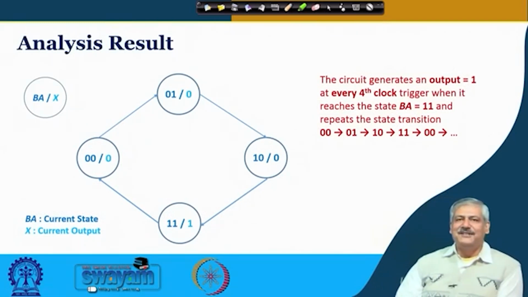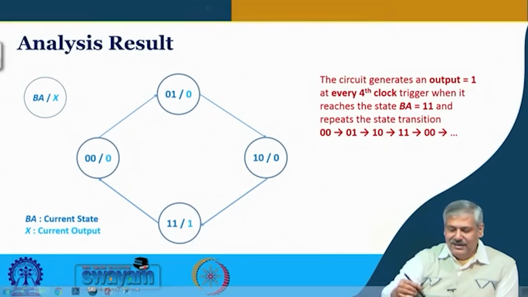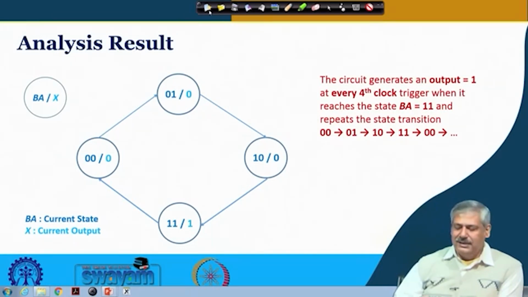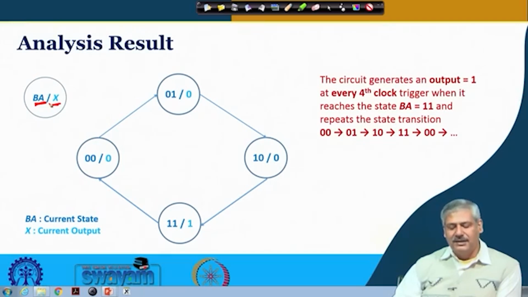So, how will you represent the analysis result? You can represent it pictorially through a state transition diagram. In the state transition diagram, what we are showing here is the current state and the output that is generated.